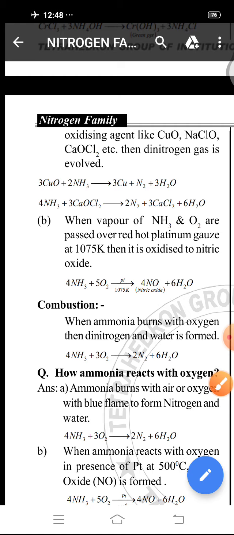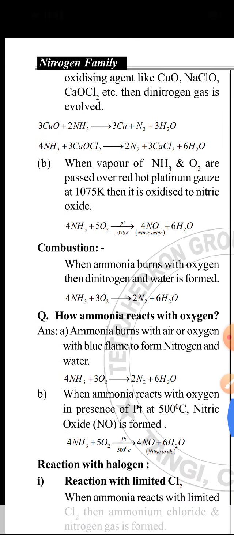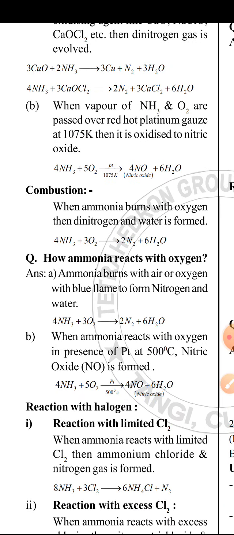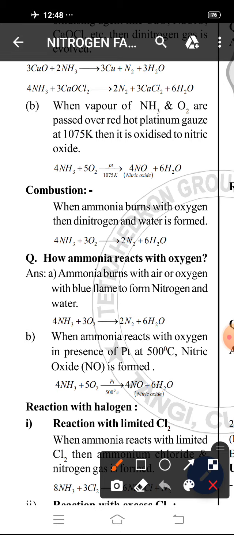Then reaction of ammonia with oxygen. So how does ammonia react with oxygen? When vapors of ammonia and oxygen are passed over red hot platinum gauze at 1075 Kelvin, then it oxidizes to form nitric oxide.